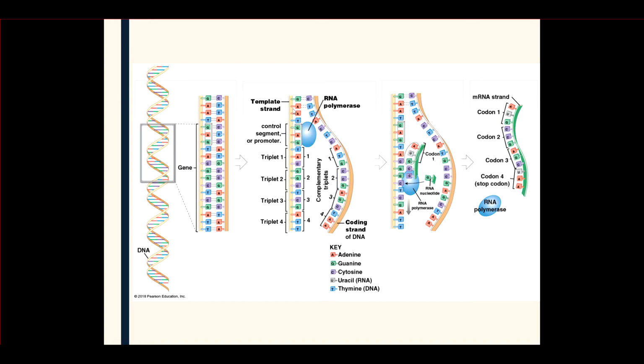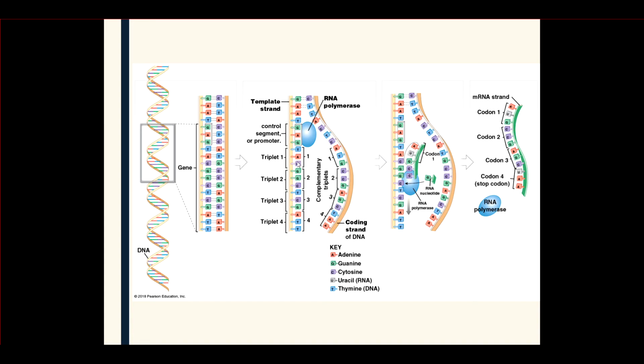Okay, template strand, coding strand, the enzyme RNA polymerase. It's going to start at the promoter. That tells the enzyme where to begin the process of transcription. It slides down, reads the first triplet. One other thing, each triplet specifies what amino acid.